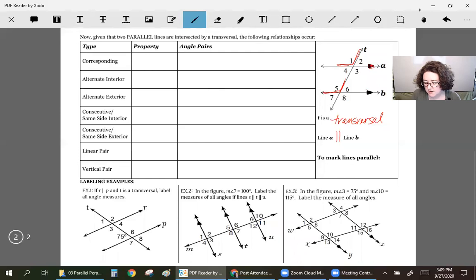To mark those lines parallel, here's the other thing we're looking out for: an extra set of triangles. Sometimes some resources might use an extra set of arrows instead, but the same kind of shape. You want to use those matching triangles to show that you have lines that are parallel to each other. So lines A and B are parallel, and check out what happens if I try to move angle 1 down to angle 5.